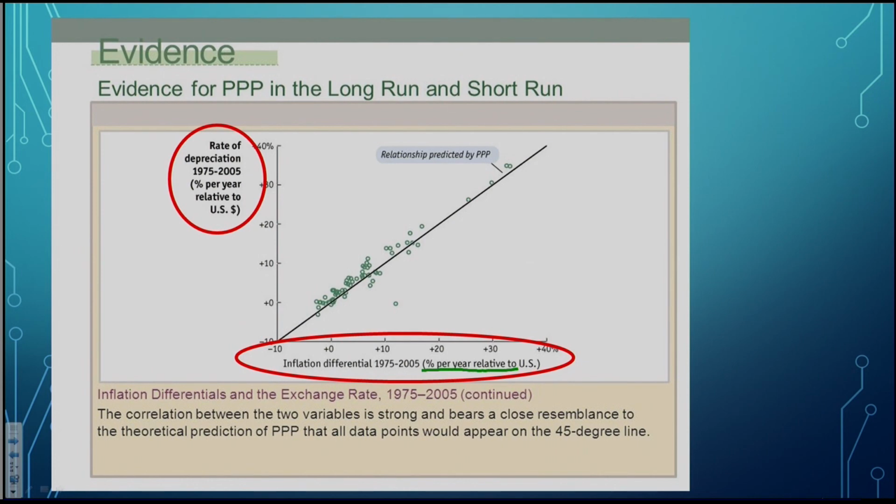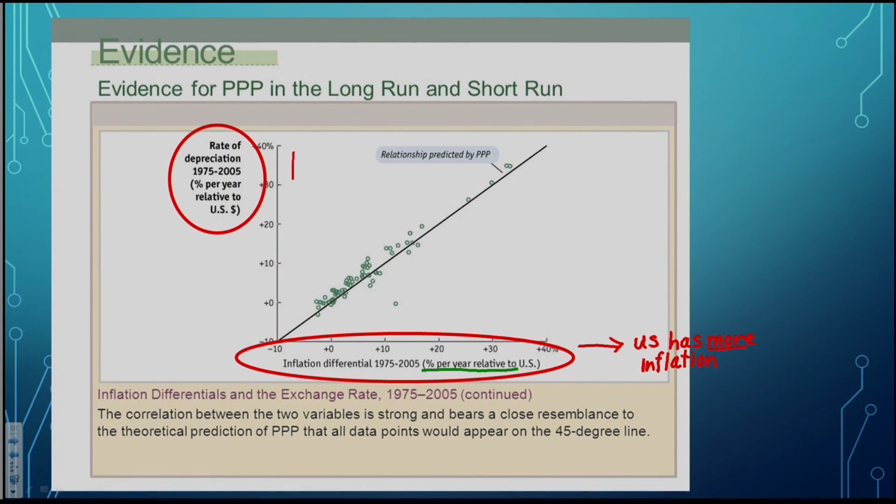So, make sure you understand what we're saying. As we move in this direction, we're saying the U.S. has more inflation than other countries. So we move out to the right, the U.S. has more inflation than other countries.